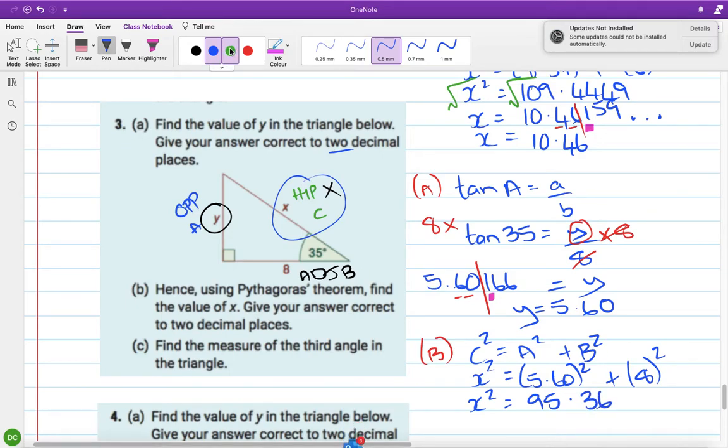And then we take the square root. And we get x equals the square root of the answer, which is 9.765244. Alright, again it's 2 decimal places.